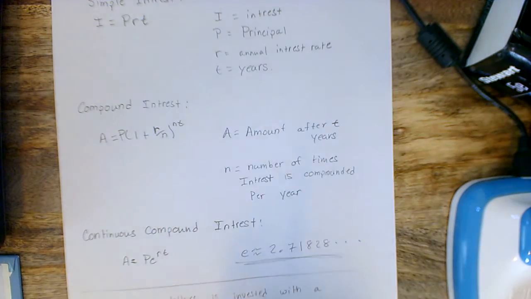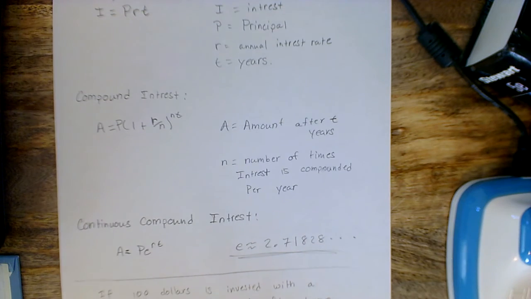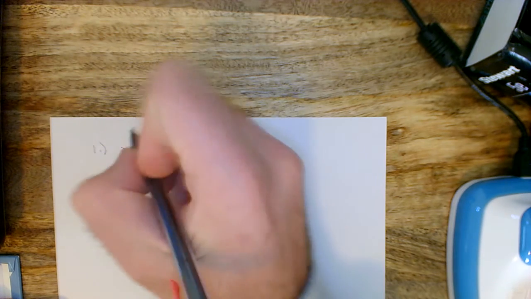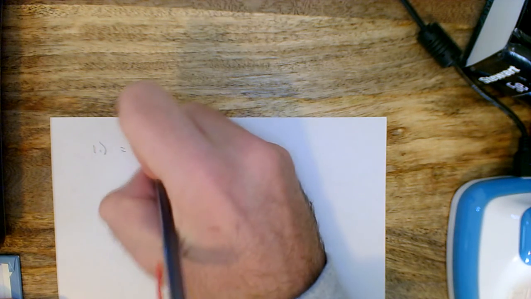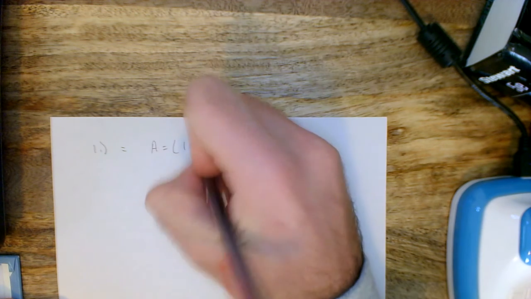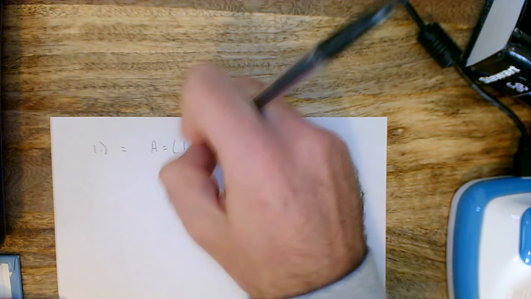Okay, so we're going to use these 2 formulas here, compound interest and continuous compound interest. For the first one, we use our compound interest formula, and we get A is equal to 1 plus R. R was 5%, so we need to express that in decimal form.